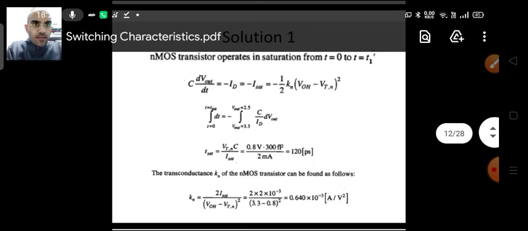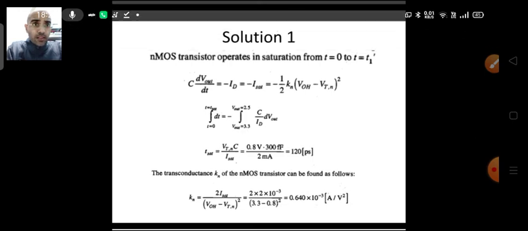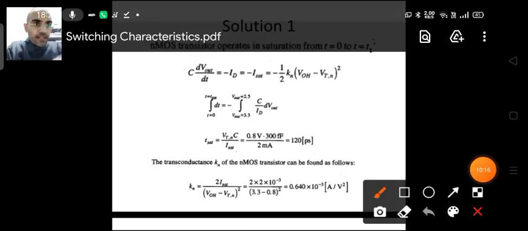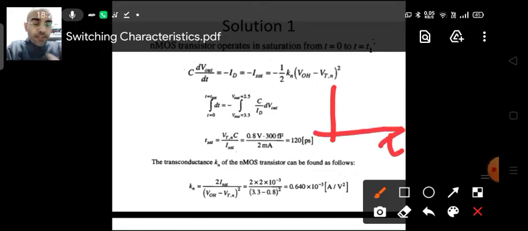If I plot this characteristic, this is the y-axis and this is the x-axis. On the x-axis I take time, because we have to find the delay, and the output voltage Vout is on the y-axis. You see what is happening: it is falling. Previously, during the steady state, the output was at 3.3 volts, and then it falls.